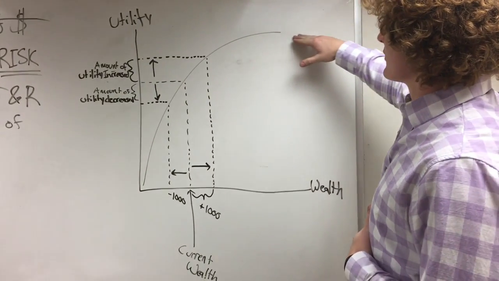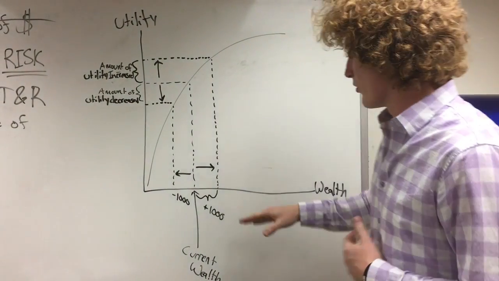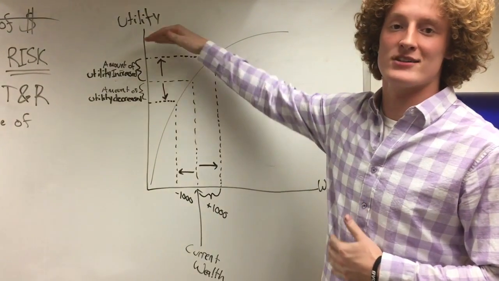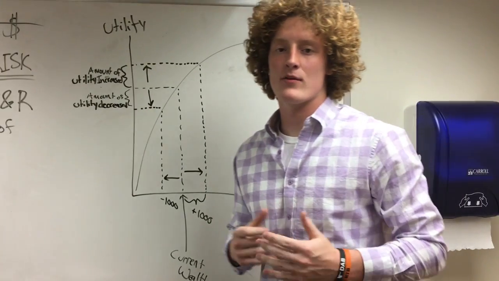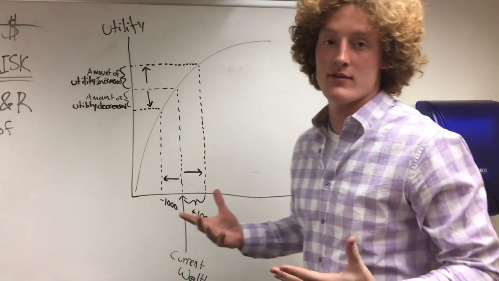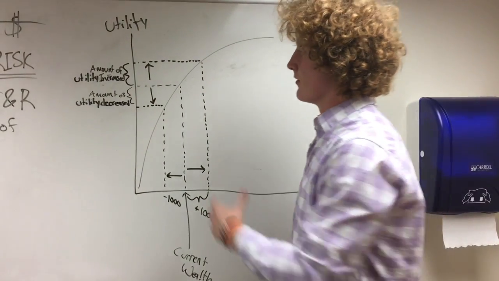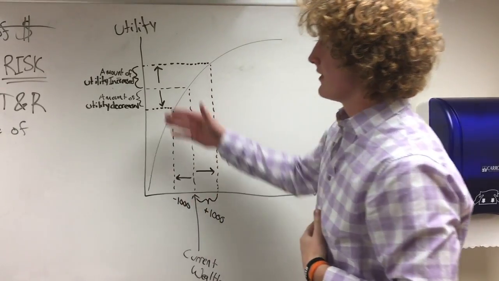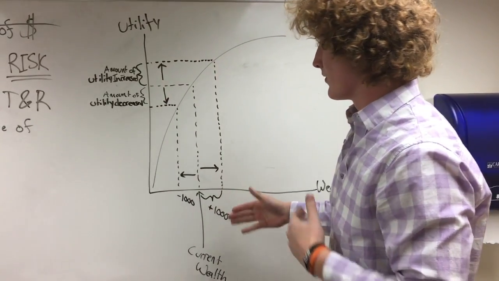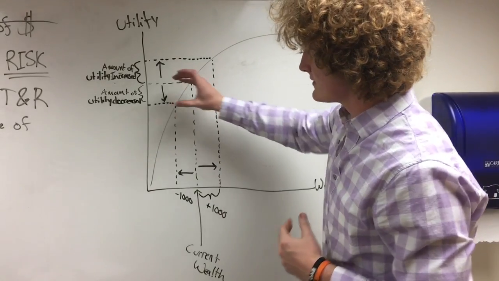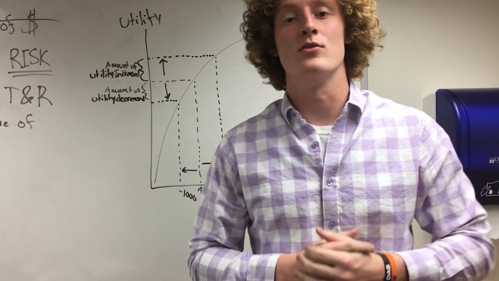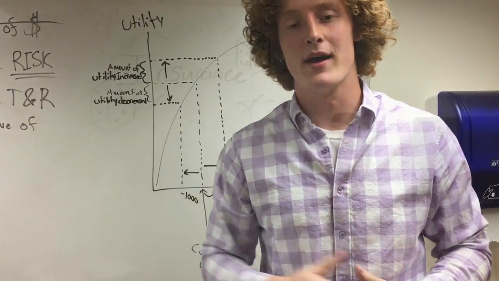The utility function flattens out because the more wealth someone gains, the less utility they get from an additional dollar. If we go back to that $1,000 bet, you can compare the amount of utility decreased when losing $1,000 and the amount of utility increased when gaining $1,000. This is a larger amount, so they're more inclined to decline the bet.